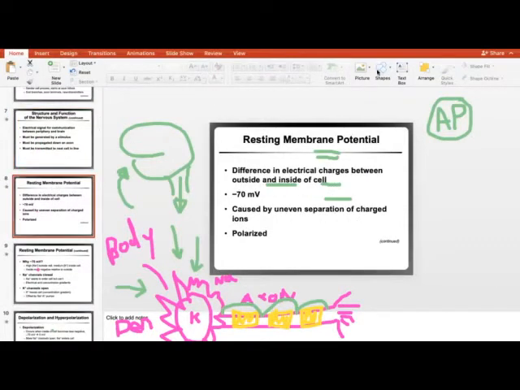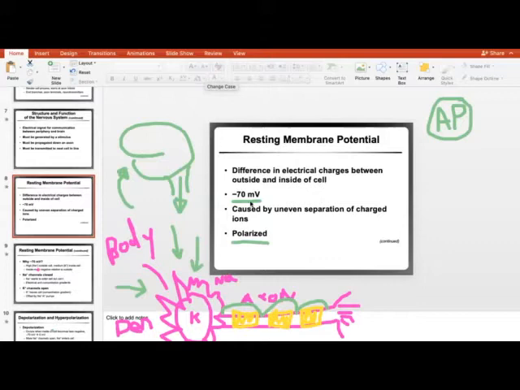At rest, all right, let's erase these things here. At rest, there's electrical energy in the cell. And it actually has a polarization. So the inside of the cell is more negative than the outside of the cell. And they're talking about this cell here, the cell body of the neuron.